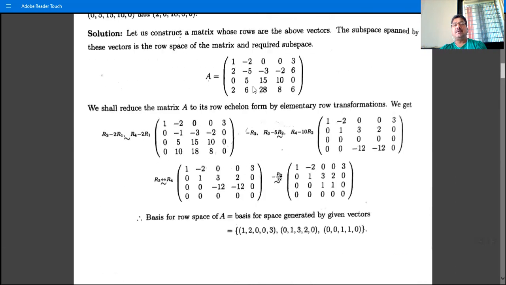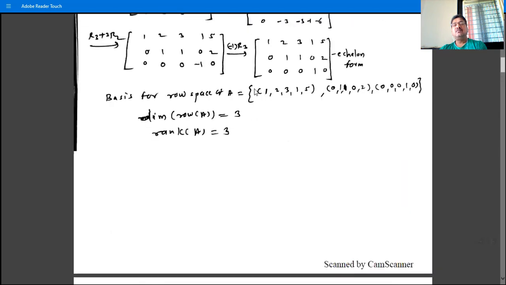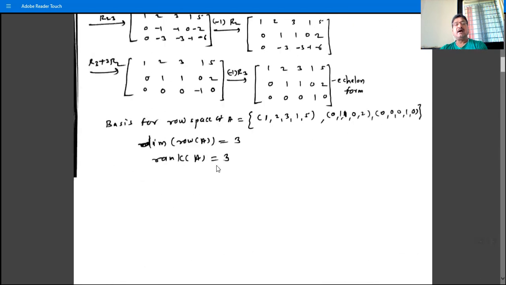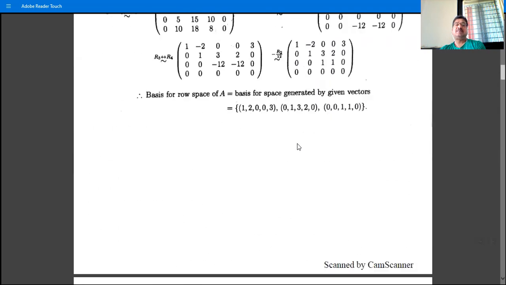And in order to find the rank of the matrix, we have to find the basis for either the row space or the column space.